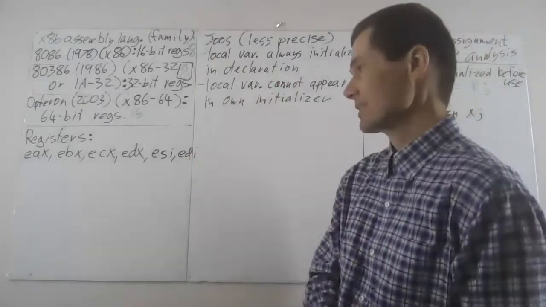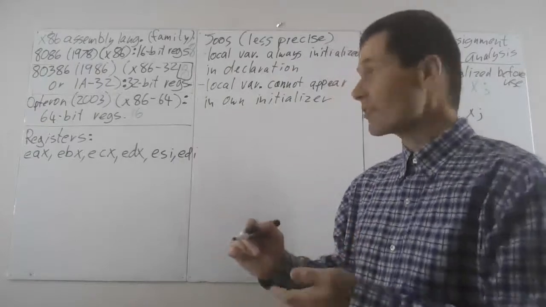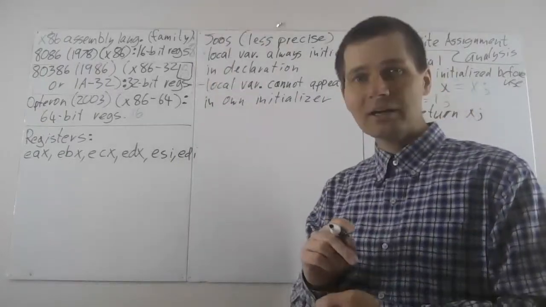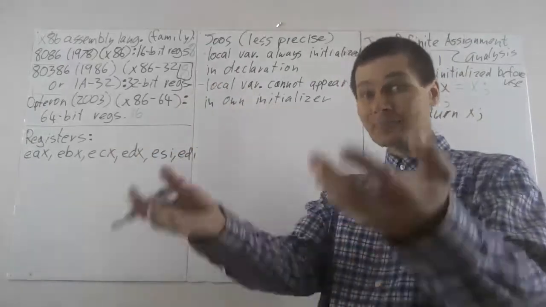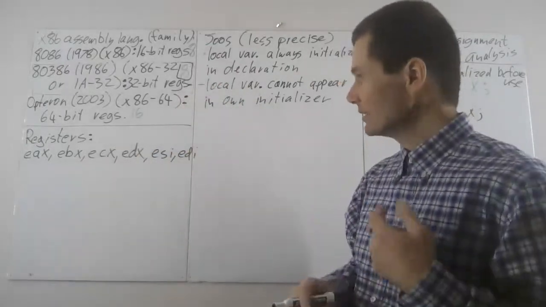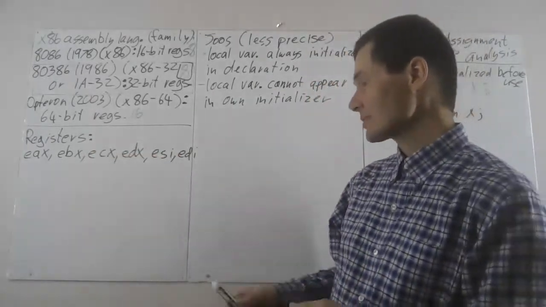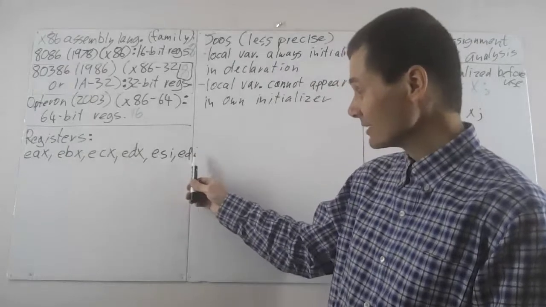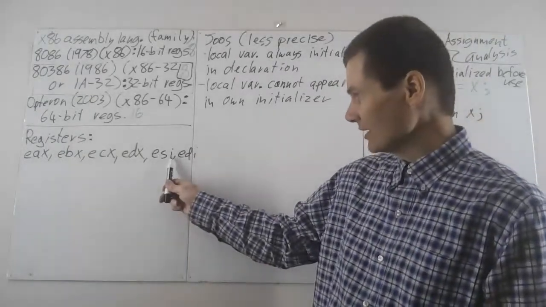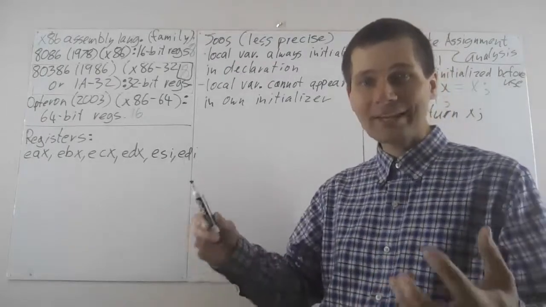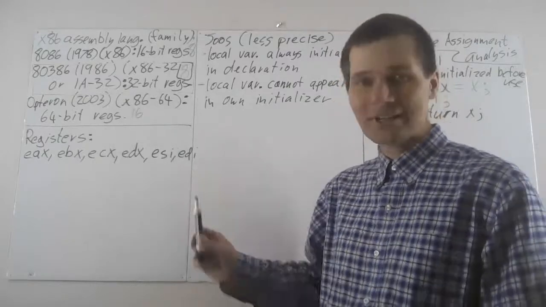They have names instead of numbers, and the names come from this history of this being designed for people to write as opposed to compilers to write. So some of the names had special meanings. For example, ESI and EDI come from the fact that they were supposed to be used for loop indexes, and the S and the D were for source and destination.